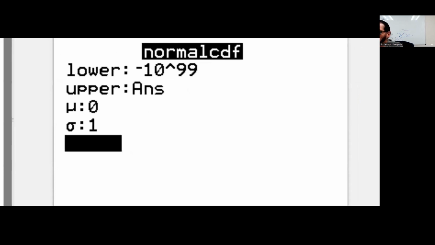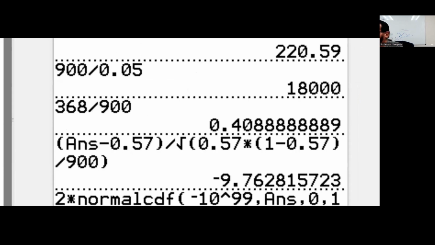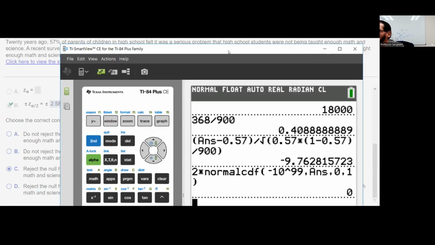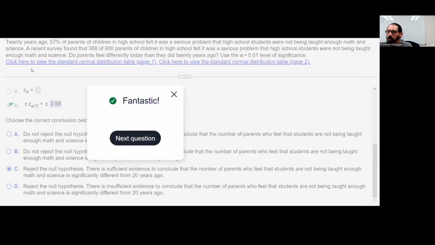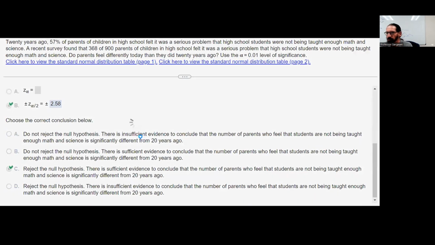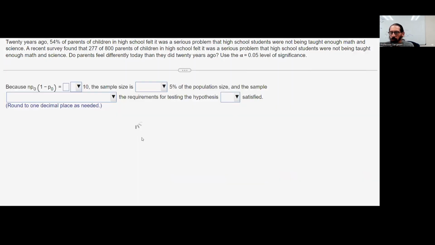We've standardized, so 0 and 1 here. And it's not that it is 0, but it is so small it's indetectable to the calculator from 0. That means that if the null hypothesis were true, it's very improbable that we would have come up with the sample that we did and the sample parameter that we found, p hat.